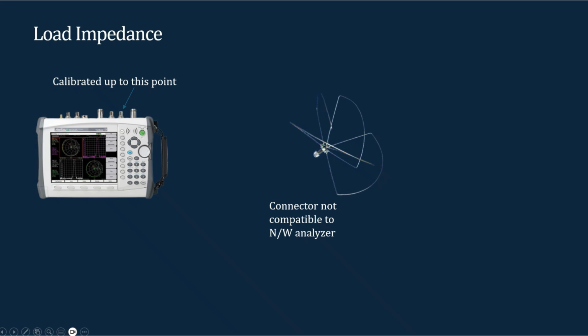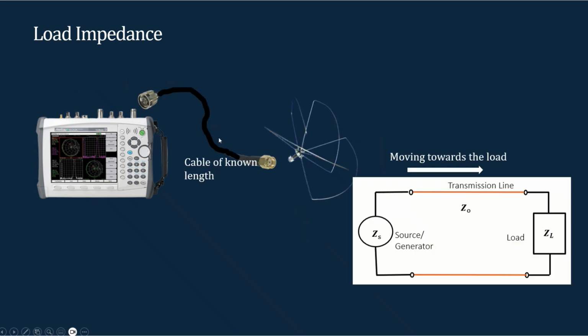So in that case, I am unable to take any measurements by directly connecting this antenna to the network analyzer. So what I can do is, if I have a cable of known length which is compatible with both this antenna and the network analyzer, I can connect both together and take the measurement.